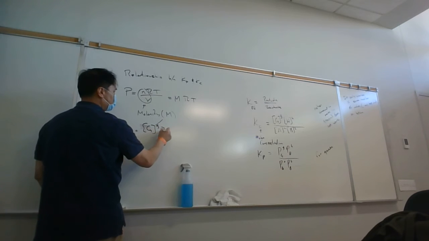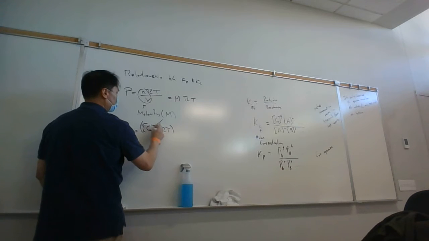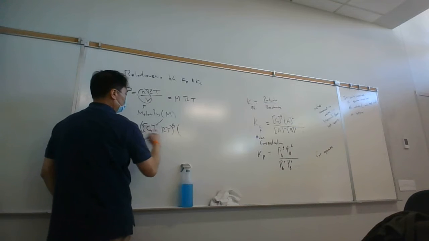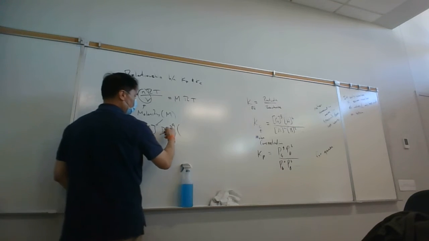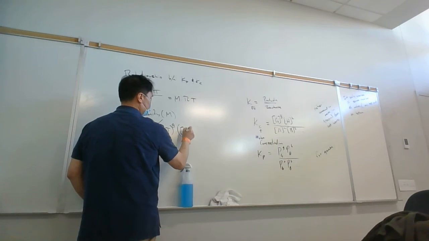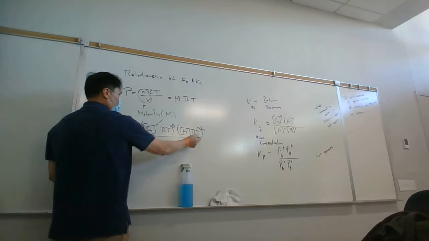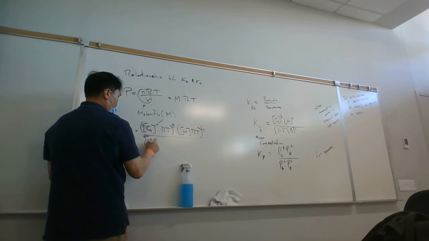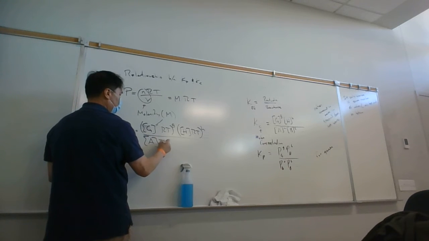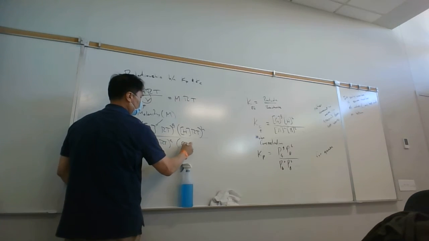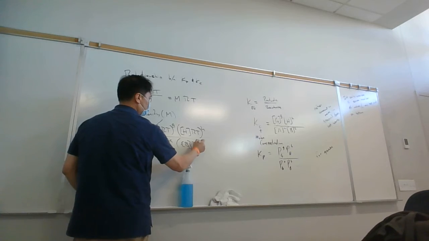Then the partial pressure of H raised to little h would be the concentration of H times RT raised to h, dot, dot, dot, over the concentration of A times RT raised to the a, then B, RT raised to the b.